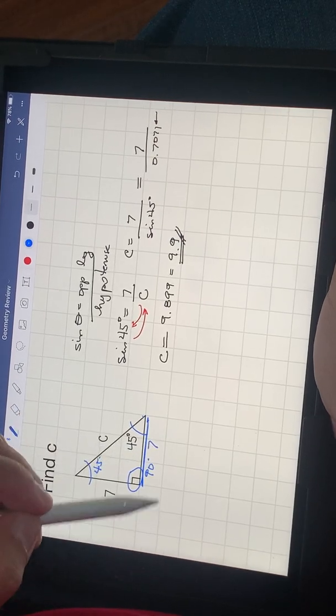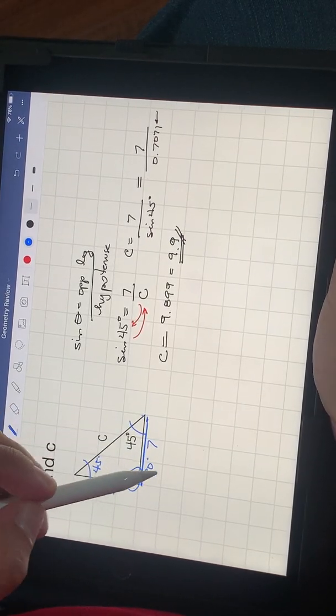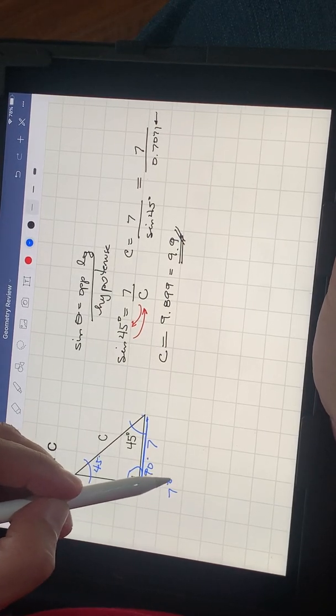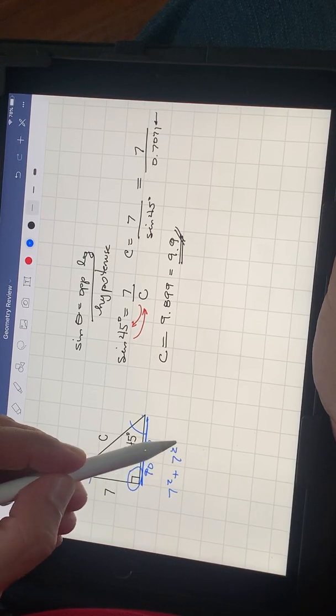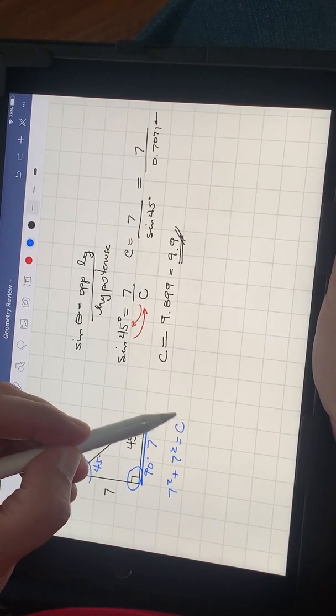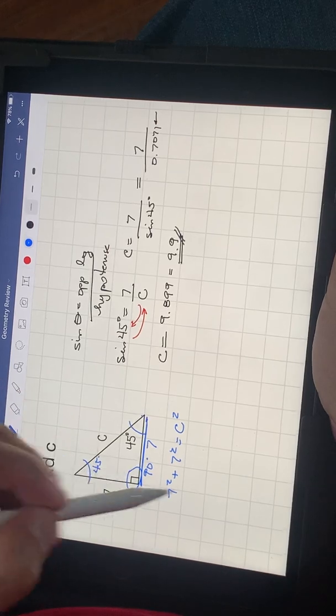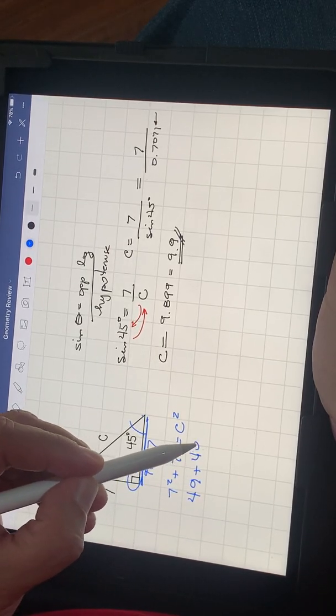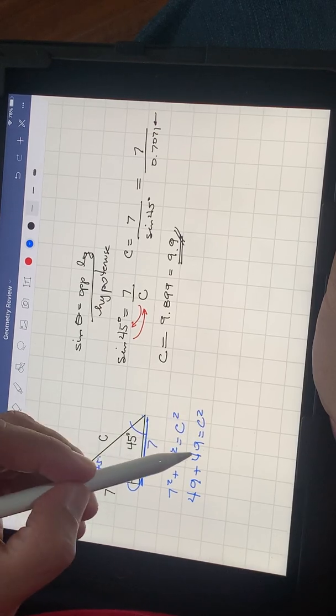So that's another 7. If I use the Pythagorean theorem based on that, then I can say that 7 squared plus 7 squared equals C squared. So that would be 49 plus 49 equals C squared.